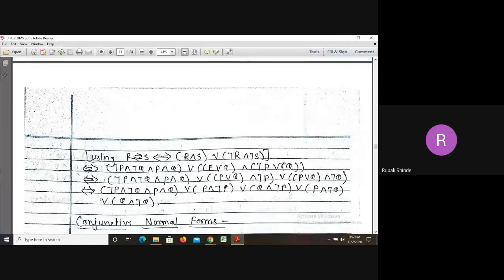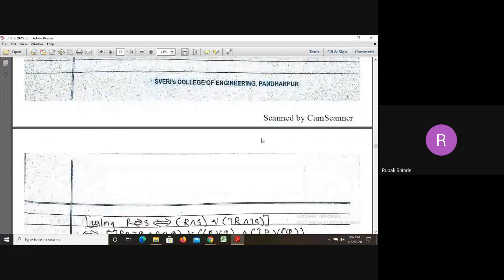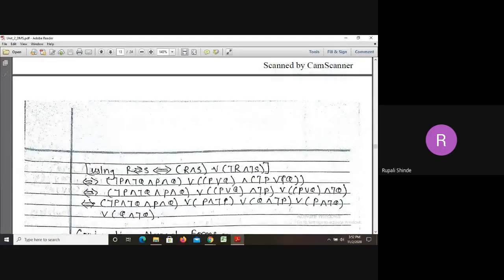So here we have written negation P or negation Q, and its first bracket was P or Q. In the next term, we applied the distributive law as P or Q and negation P. This is one bracket, or again P or Q and negation Q. This is the second bracket.